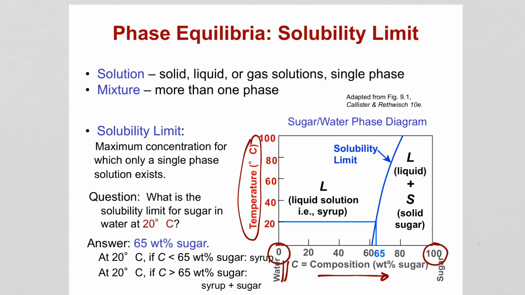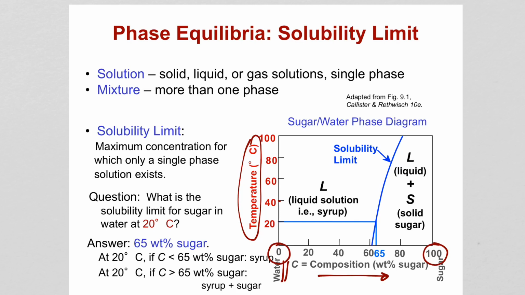For example, if you have 80% sugar and the temperature is 40, then this is the phase region that your point ends in. That means you have liquid and solid sugar in equilibrium. This was just an example for you to understand. So let's look at the example now.